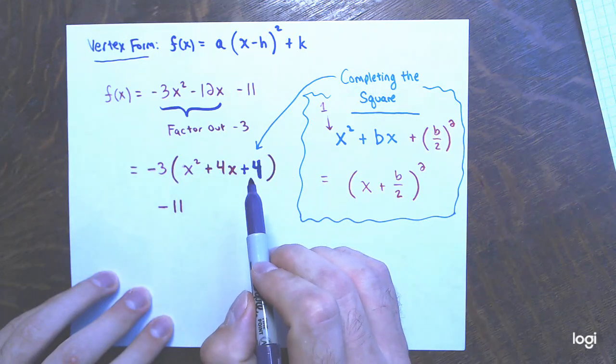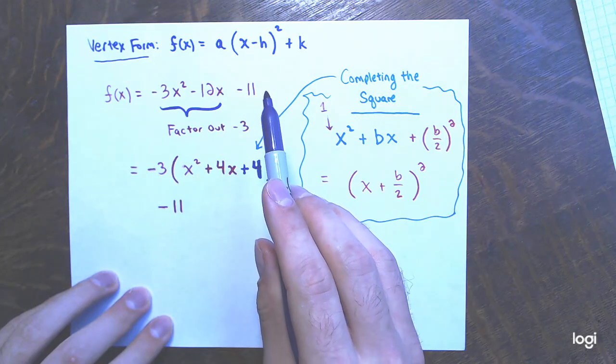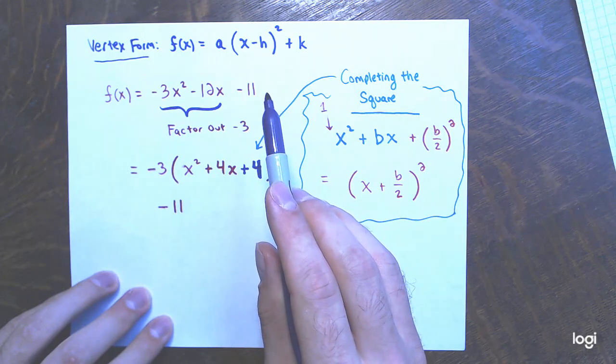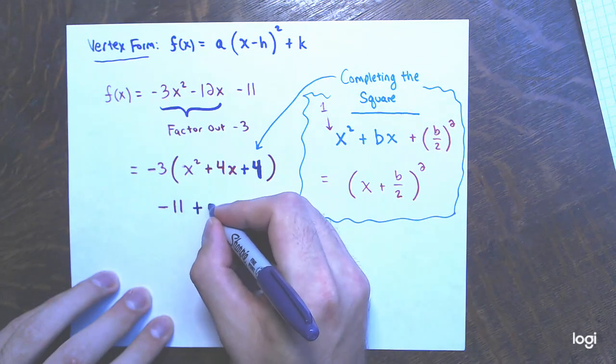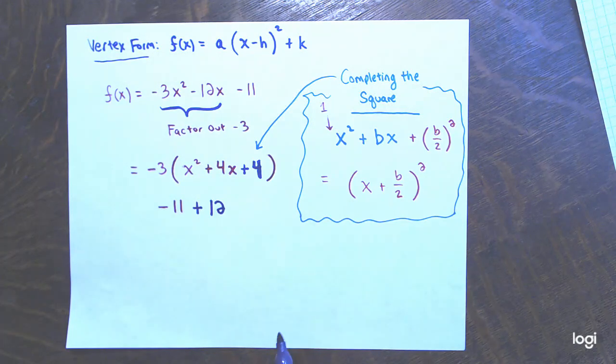If I put the -3 back in, -3 times 4 would give me -12. So that means that adding 4 in the parentheses really is like adding -12 to the expression that I started with. And to counteract that, if I add -12 or subtract 12, I would then also have to add back positive 12 to undo it. And I'm going to write that here.